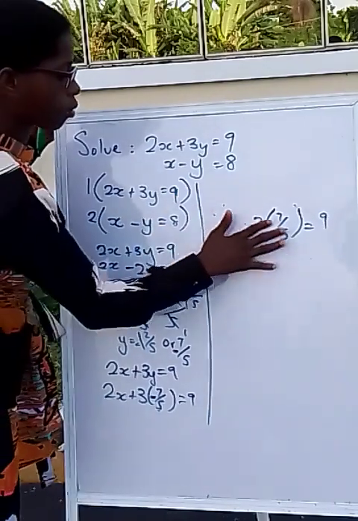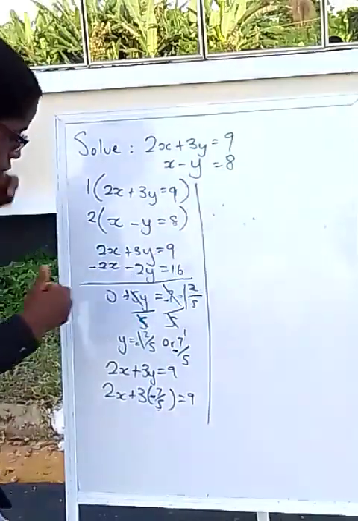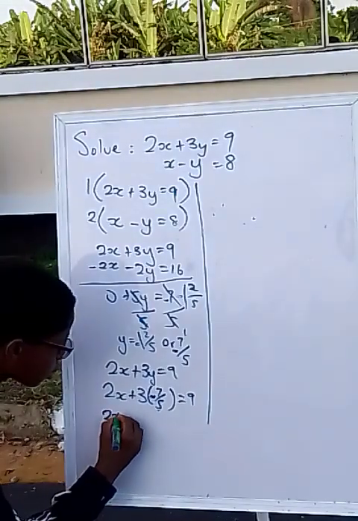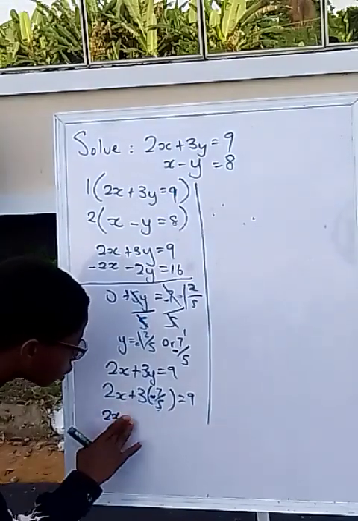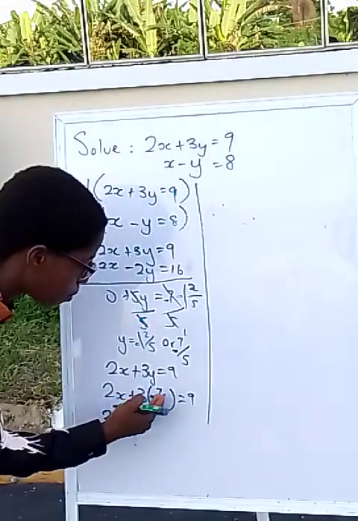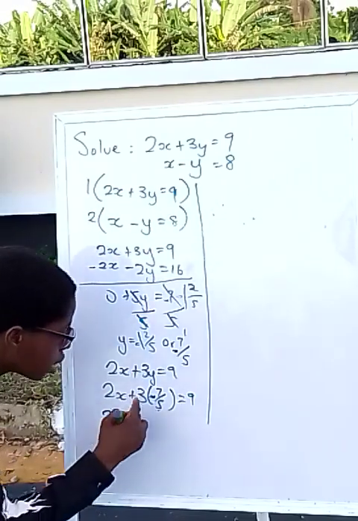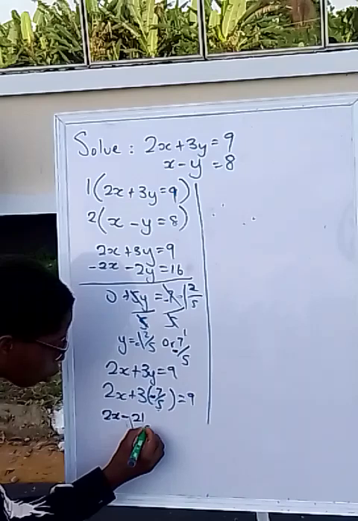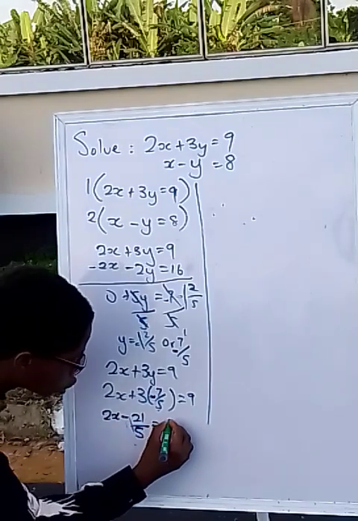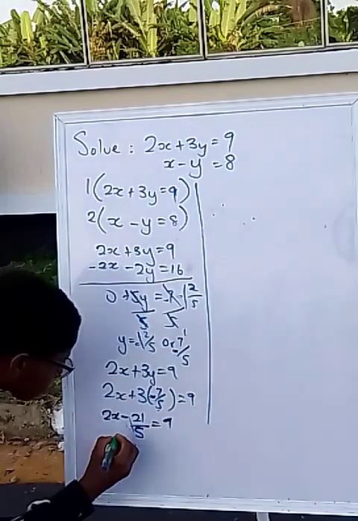So we have 2x plus 3 times minus 7. Plus times minus is minus, 3 times 7 is 21 over 5 equals 9. So we cross and multiply. We can put over 1 here.